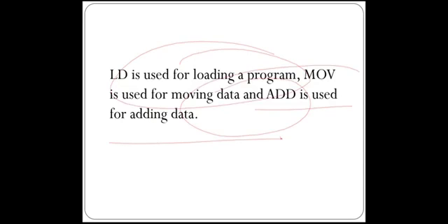One more thing: a computer understands only one language, that is binary language. So if we are writing code in another language, we need a translator, and here the translator is known as an assembler. An assembler is a translator which converts assembly level language to machine level language.